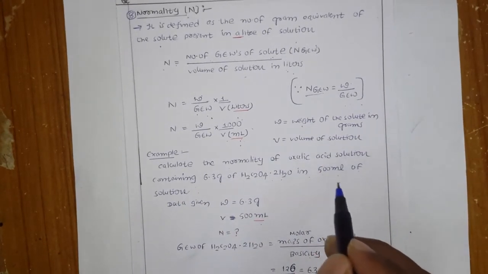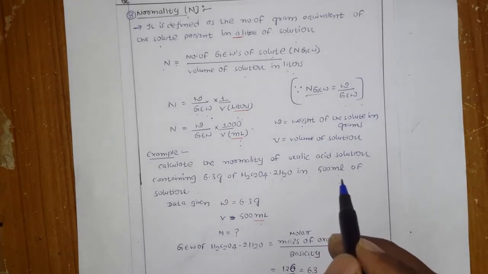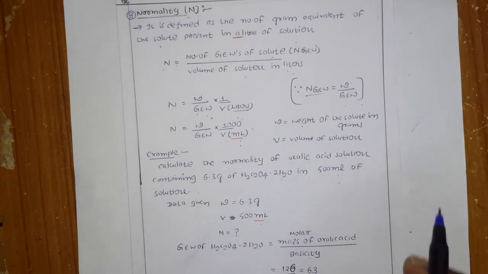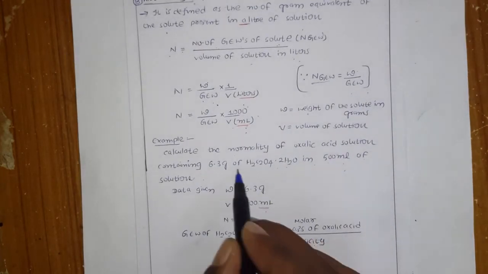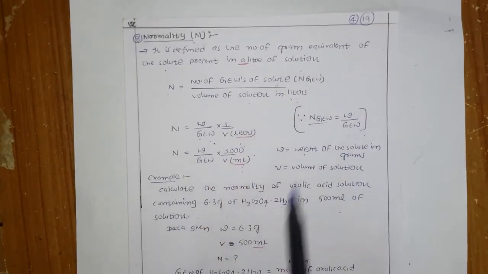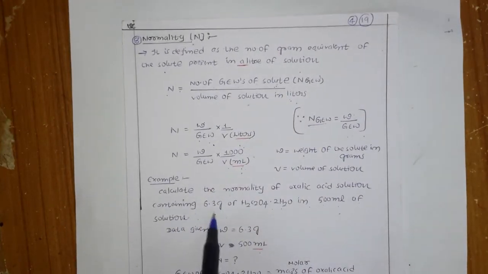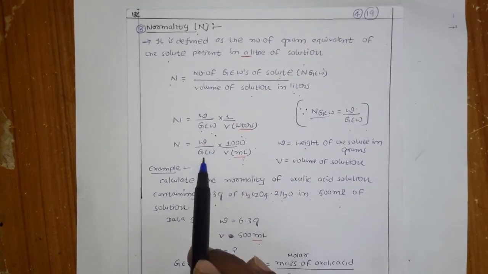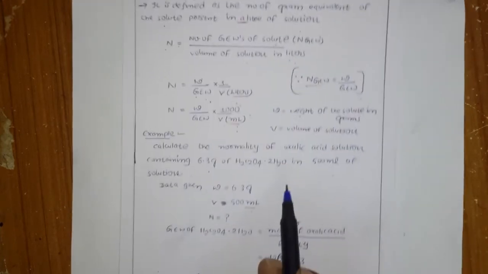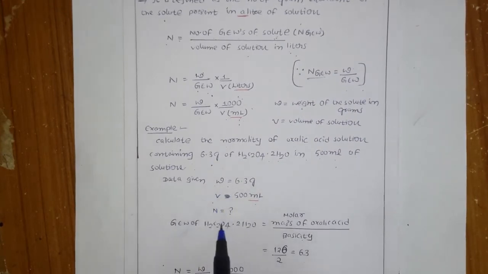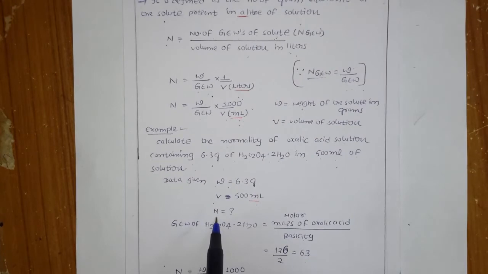So take 1000 by 500, or convert the volume into liters, 1 by 0.5. But is there any number of gram equivalents here? No, here he has given only the mass, that is the weight. So we have the weight, but what you require is the gram equivalent weight. You have the mass and the volume of the solution, but you don't know the N value.